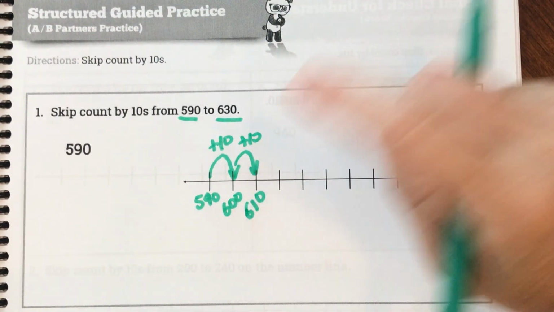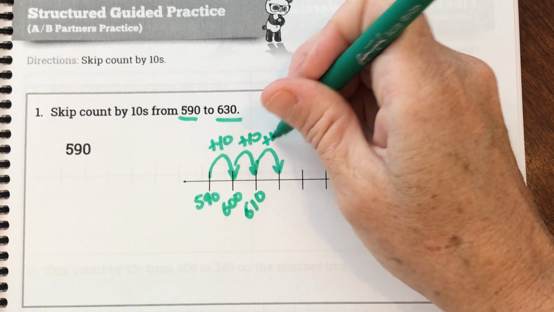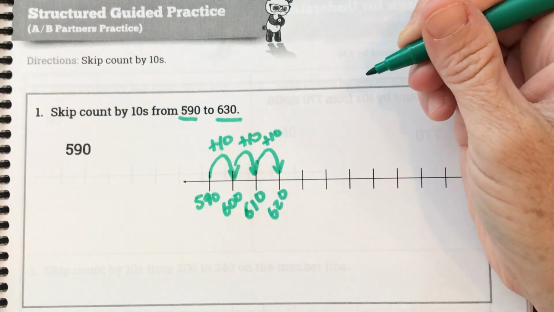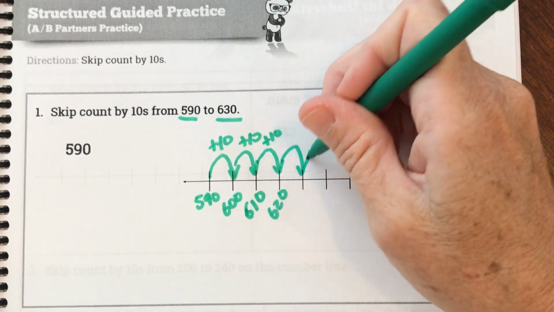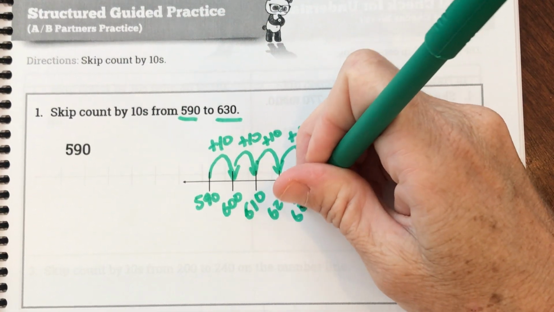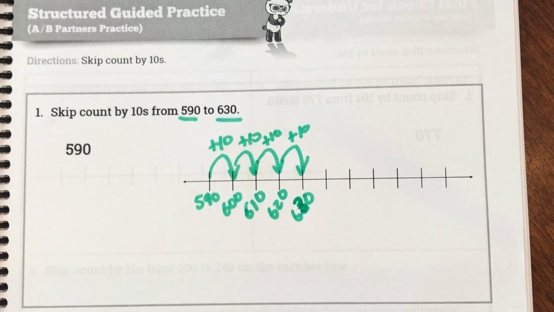And I'm trying to write a little sideways so I have room. And then if we add 10 again, we're making a 10 jump. We're going to get 620. And then if we add 10 again, we're going to get 630. Sorry, my 3's kind of messy, friends.